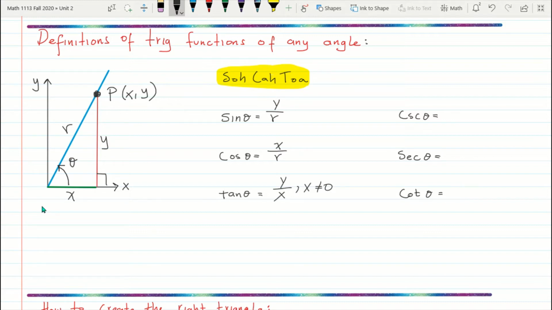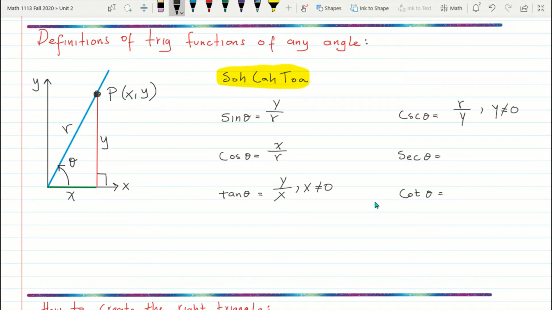So we've done the most popular ones, which are sine, cosine, and tangent. What about the ones on the right side, which are the reciprocals? Like I said, each is the reciprocal of the function across from it. Cosecant is the reciprocal of sine, so all we have to do is flip the fraction: r over y, given that y is not 0.